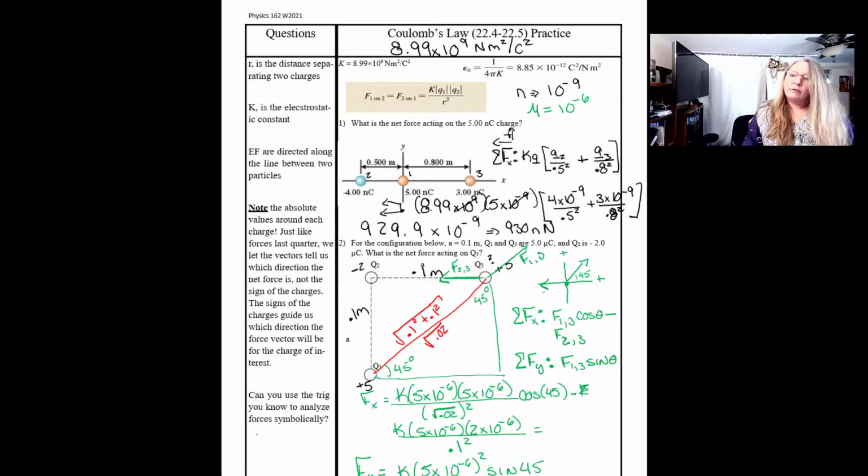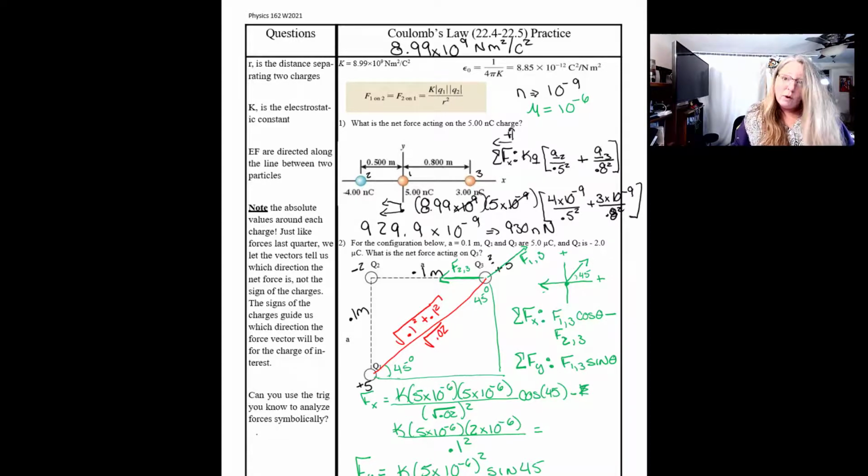And then my net force, remember, it's just Pythagorean, so now I have my force in the x and my force in the y. If I want to know the force net, then I would have the square root of those two forces squared, so square root of force in the x squared plus force in the y squared.